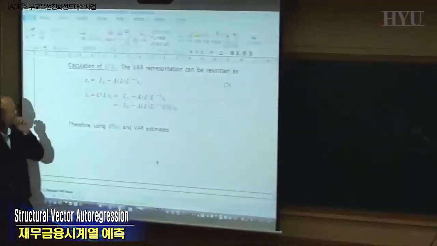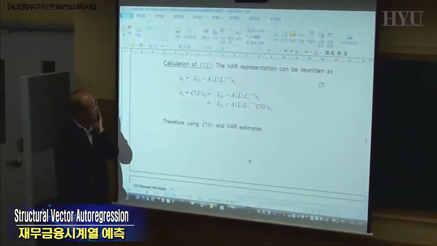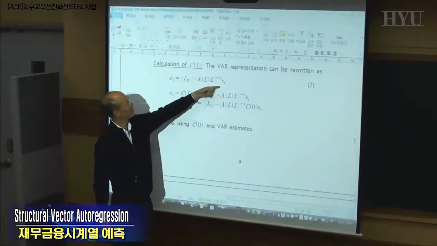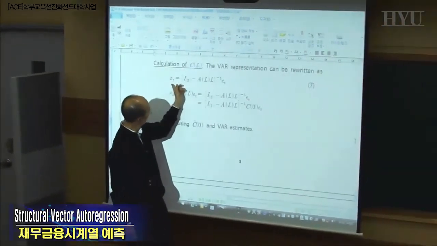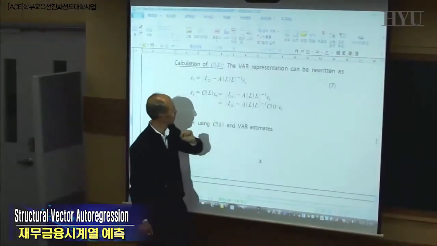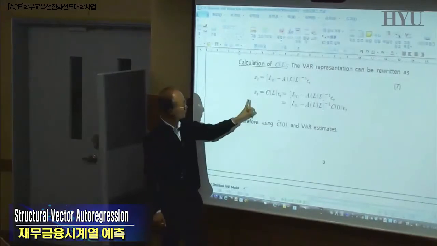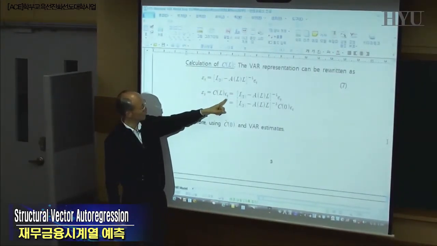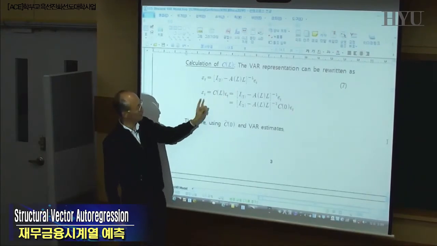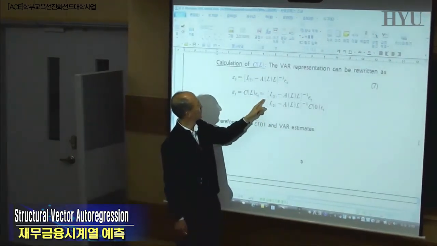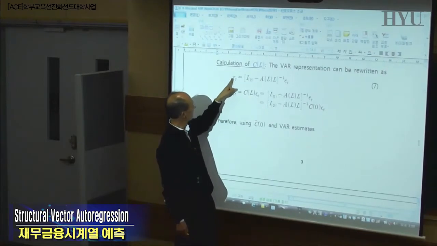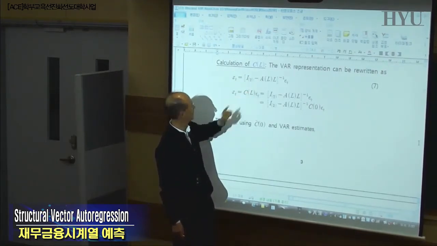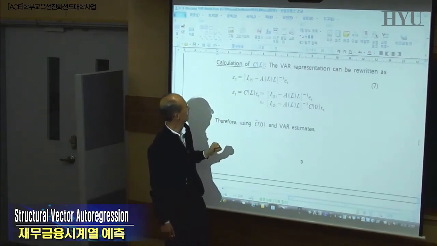Okay. So this is the one we can formulate using the VAR representation, and also we know that x t is related to the structural innovations in this way. So these x's are the same. So this has to be the same as this one, right?